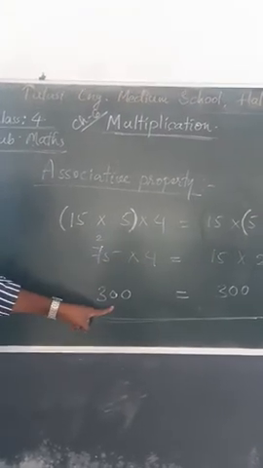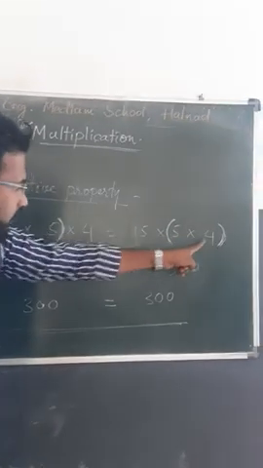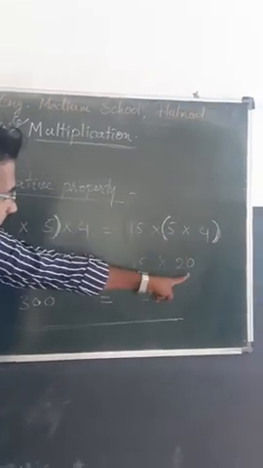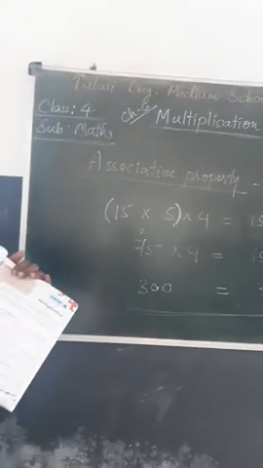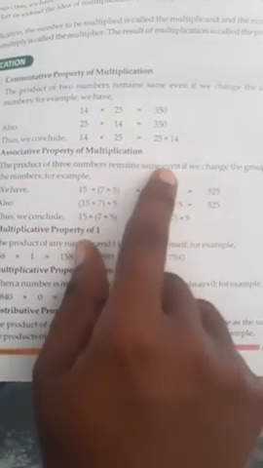We got 300. Here, 15 into 5 into 4: 5 into 4 is 20, 15 into 20 is 300. This is the associative property. If we change the grouping of numbers, the result will be the same. The product of three numbers remains the same.